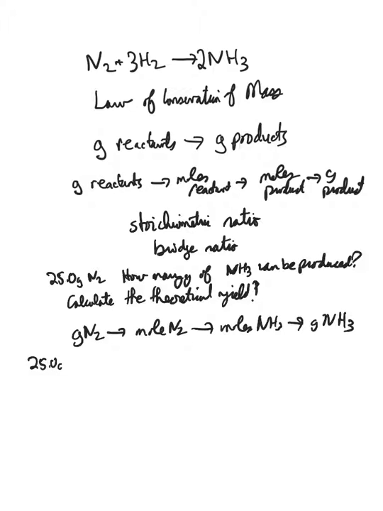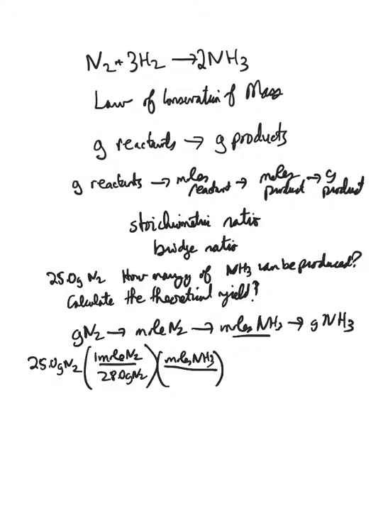So 25 grams of nitrogen, molecular nitrogen. 1 mole of N2 is the same as 28.0 grams of N2. Where did I get that? Periodic table. And now I need to get the moles of ammonia. So I want moles of ammonia divided by moles of nitrogen. But I need to put in my stoichiometric ratio that says that 2 moles of ammonia is produced from 1 mole of nitrogen.